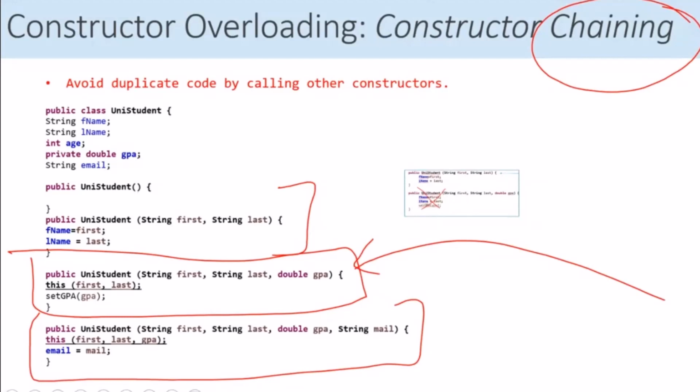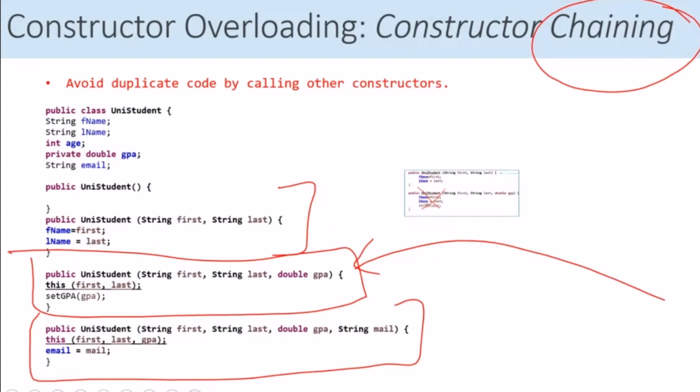First, last, and GPA. So the third constructor receives them. So in order to set the first and last, the third constructor will call which one? And this one, once it finishes, it comes back, and this one will set what? And once everything is done here, this constructor will set also what?